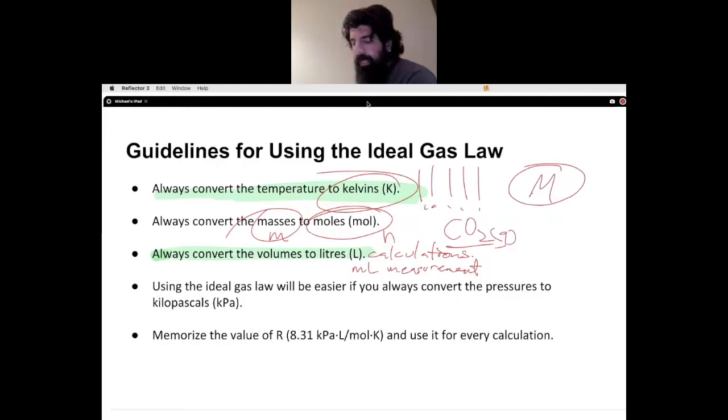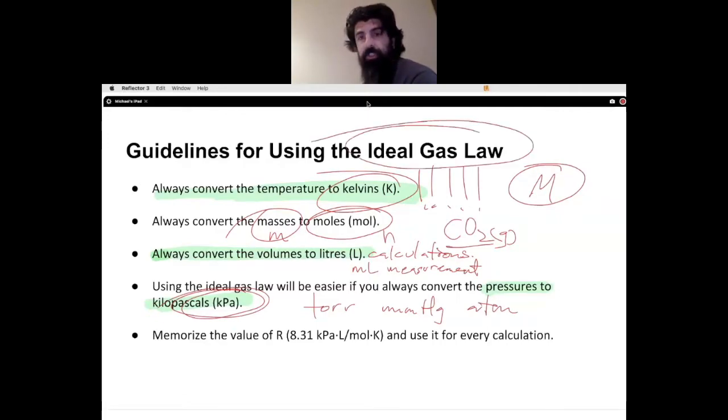Now, when using the ideal gas law, it will be easier to always convert pressure to kilopascals. So if the question is giving you torr or millimeters mercury or atmospheres, make sure that you convert the pressure value to kilopascals to use the ideal gas law formula.